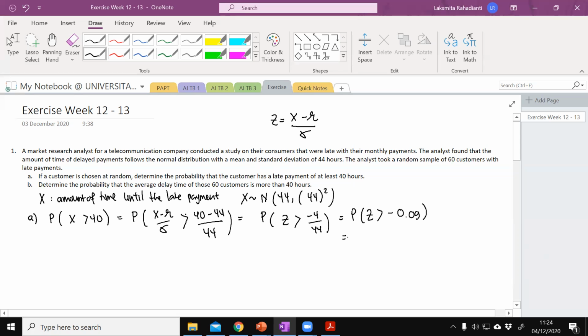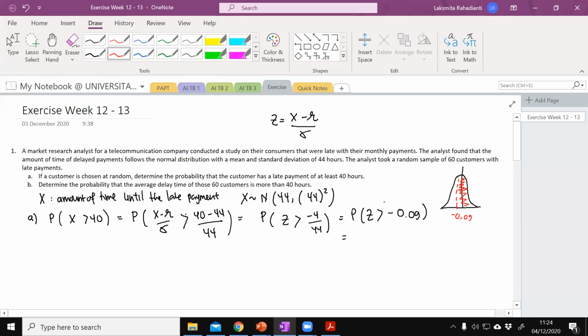When we're dealing with standard normal variables, we cannot compute a larger-than, but we can compute the less-than. So let's change that into less than for a visualization. I'll draw this here. This is our standard normal distribution, and this is maybe negative 0.09. What I want to compute is Z being larger, so this area under the curve on the right-hand side.